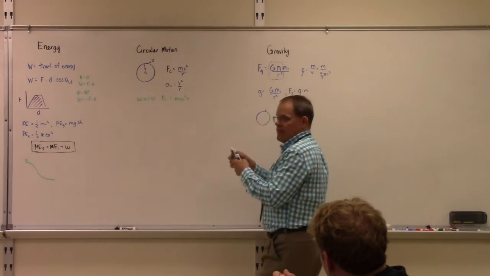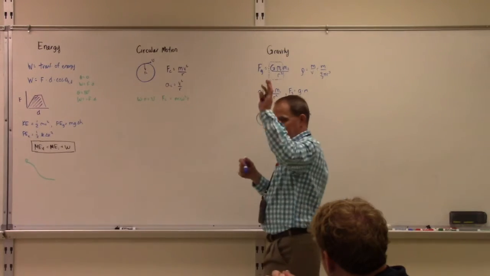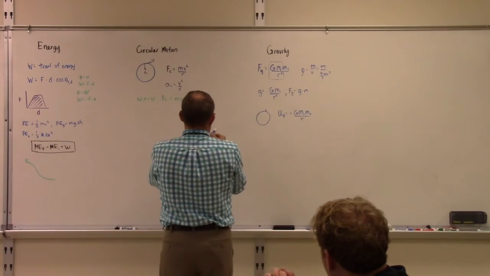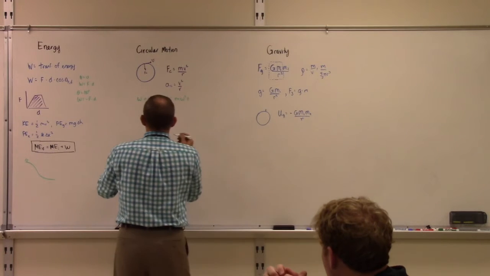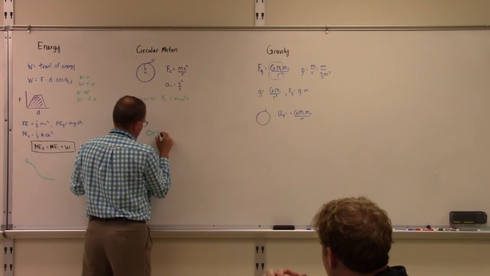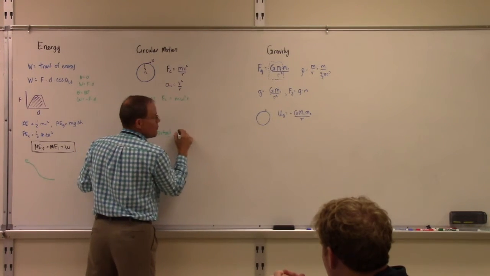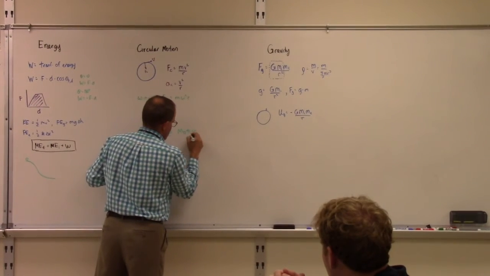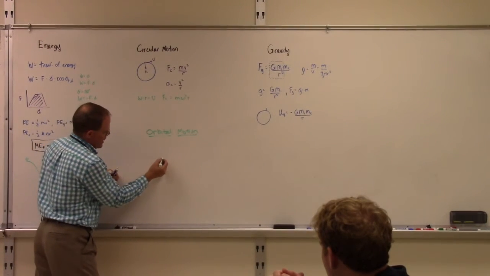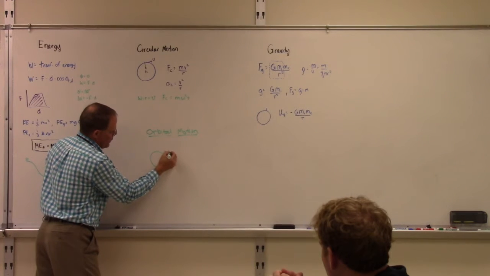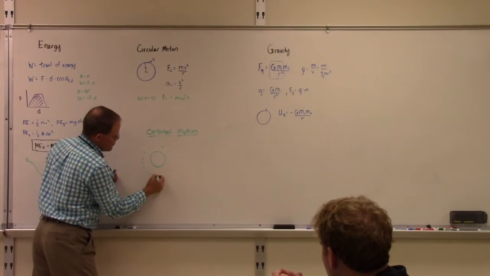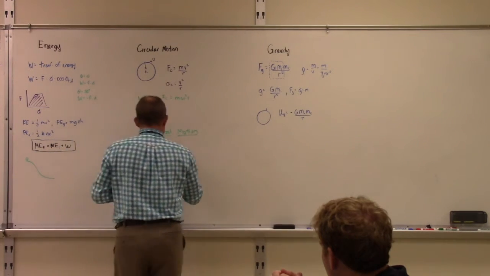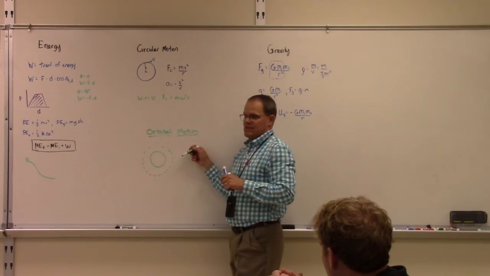Okay? All right. The big application of all this was what? Orbital motion. So orbital motion was the idea that if you have a satellite orbiting, it's moving in a circle. What direction is the force on the satellite? Towards the center.